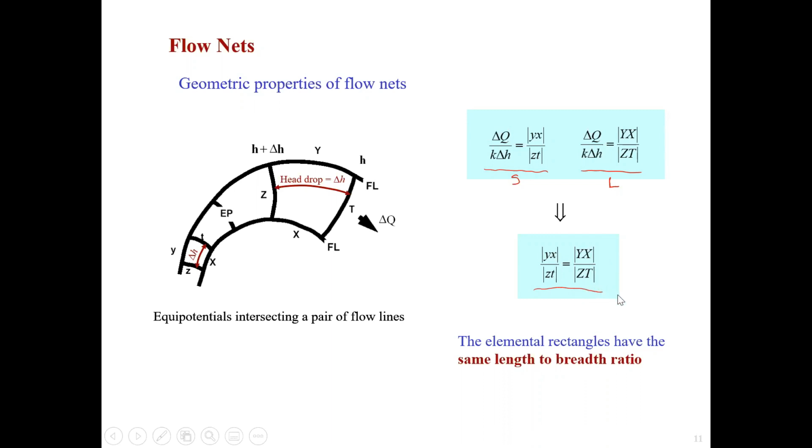Therefore, we conclude that each of the elemental rectangles bounded by the flow lines and equipotential lines has the same length to breadth ratio. All these derivations help us find some common characteristics of flow nets and help us draw the flow nets accordingly.